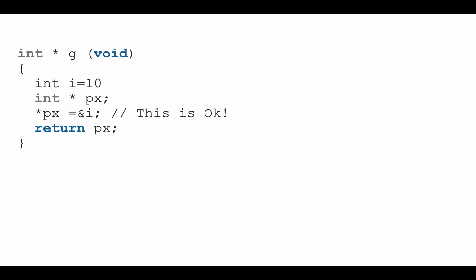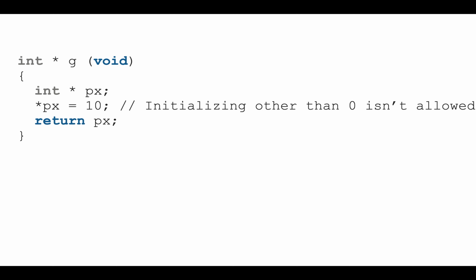This other code is allowed, because here I am defining one variable i equal to 10, and then I am assigning the address of i to the pointer variable px. This will not cause any problem. But directly assigning a value to a pointer without allocating memory is a major issue. So this is one of the major problems with this code.